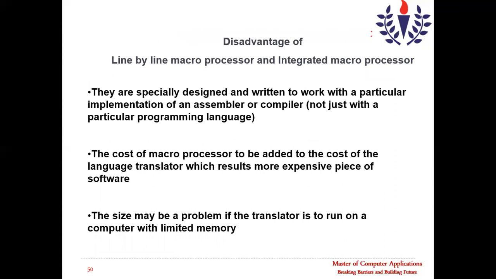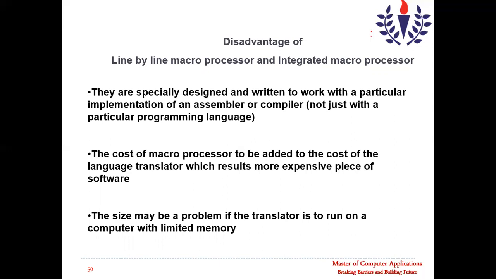But both these designs, line by line macroprocessor and integrated macroprocessor, have some disadvantages. They are specially designed to work with only a particular kind of assembler and compiler. We are not saying that they can only work with certain languages. We are saying they can only work with a particular implementation of assembler, special assemblers or compilers.